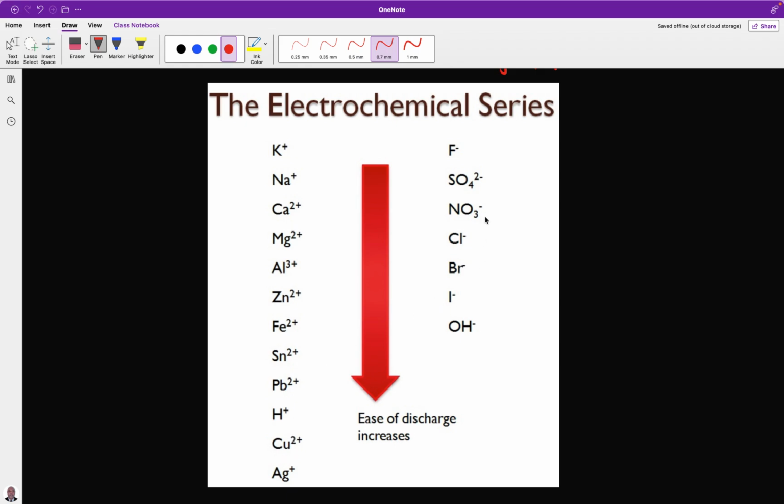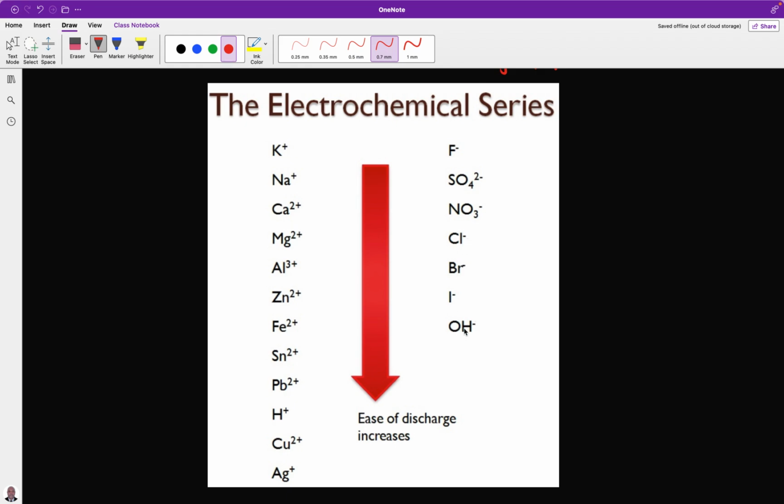The same thing applies if I have two anions. Let me say I have chloride and hydroxide ions. If I have these two, the one of higher priority will be the hydroxide ion, the one below in the electrochemical series. Hydroxide ion will take priority over chloride ion.